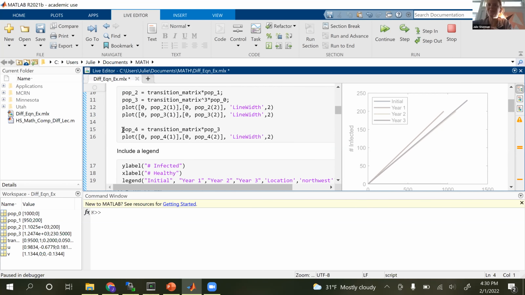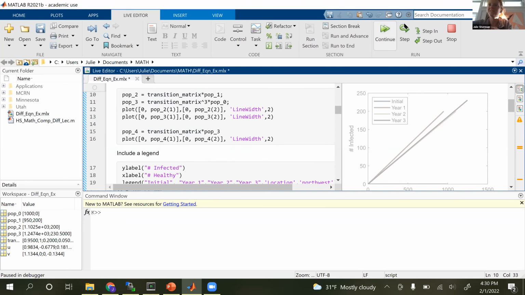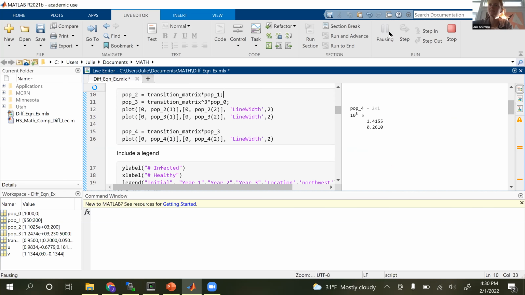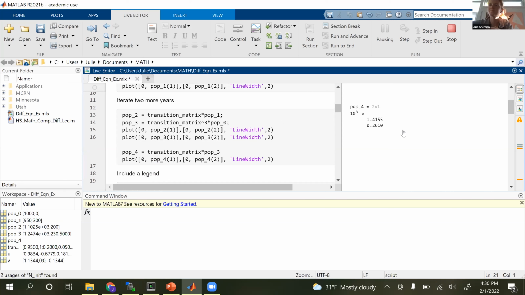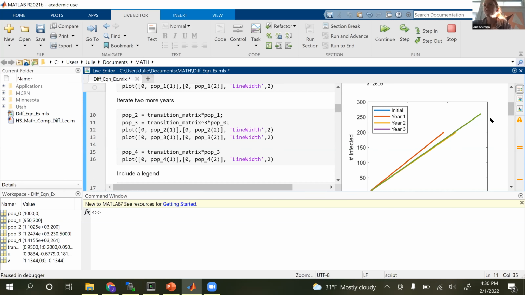Sorry, I'm a little bit new using MATLAB Live, so give me just a moment. Okay, so now population 4 is this green one.